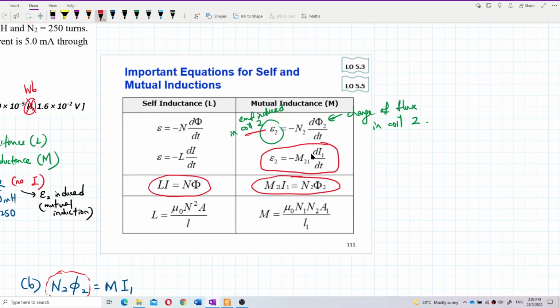Why is there a change of flux in coil 2? Who provides the flux for coil 2? It's coil 1, because coil 1 has the current.